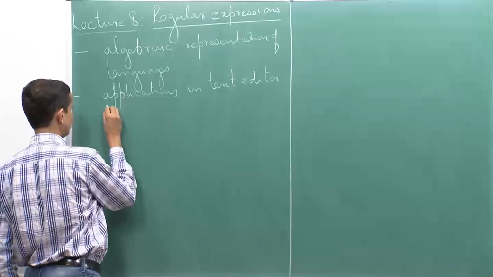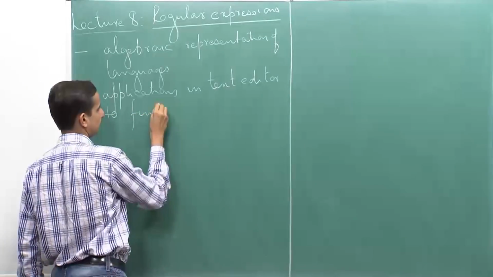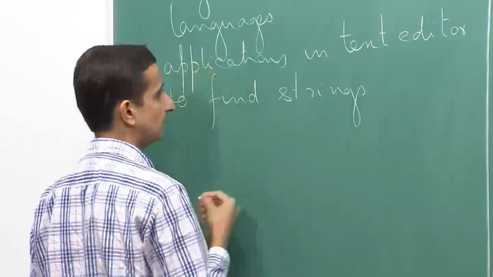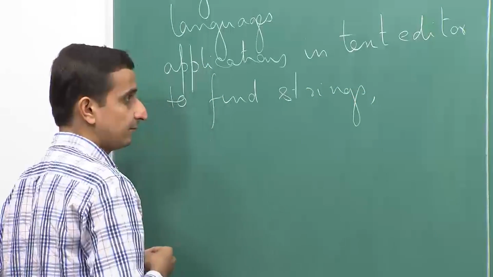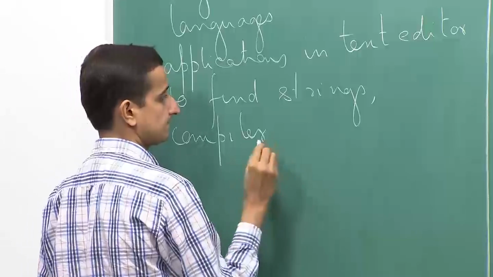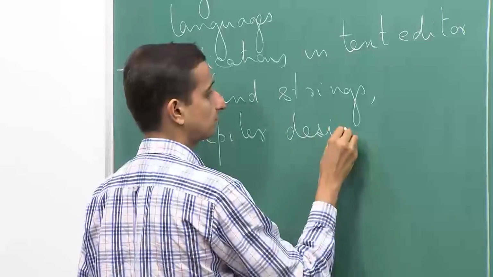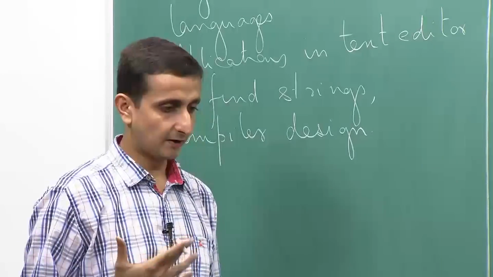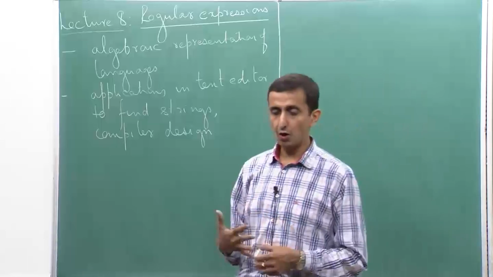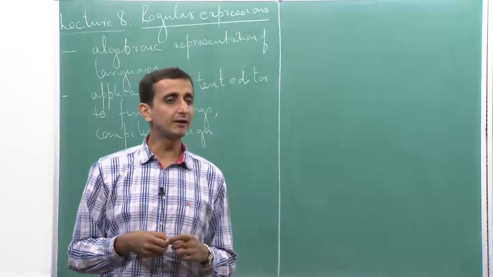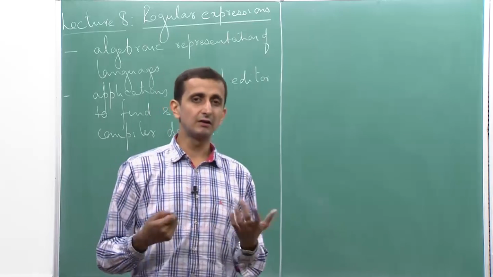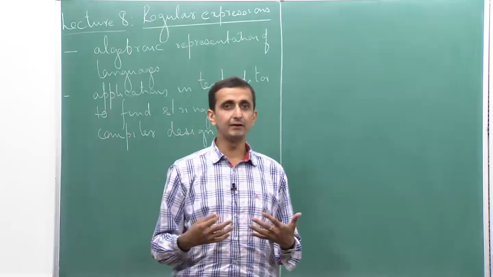So, in text editors, to find strings. Another example is in compiler design. For example, when you write a C program, we put comments in our C program, and we know that comments are basically pieces of text which are not necessary to compile the program.